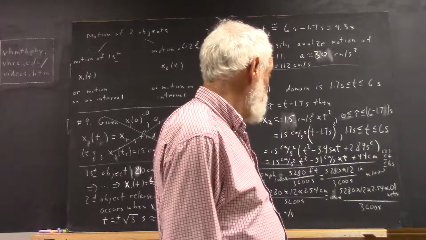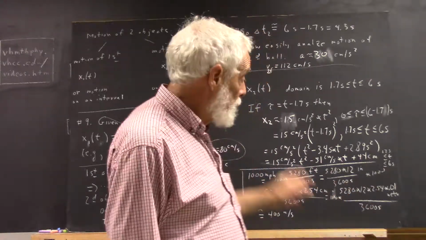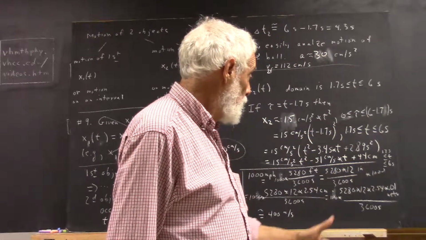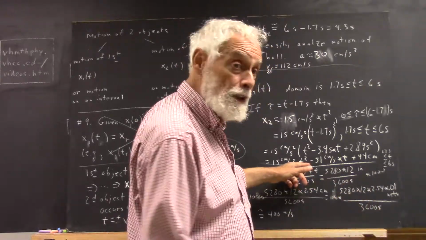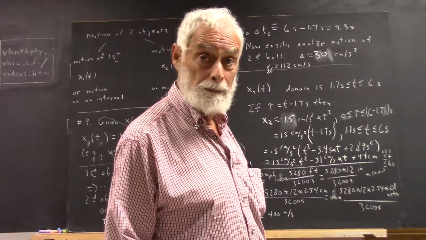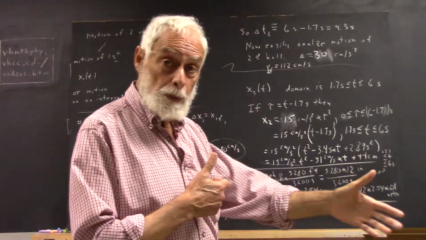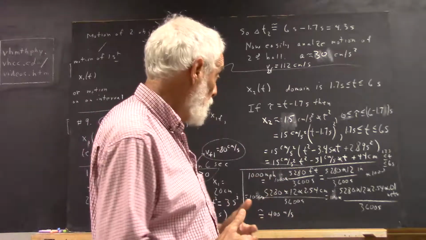Meaning, the motion is the same as that of an object that started 44 centimeters down the incline with negative 51 centimeters per second velocity at t equals 0. And that would have reached the x equals 0 point at t equals 0.